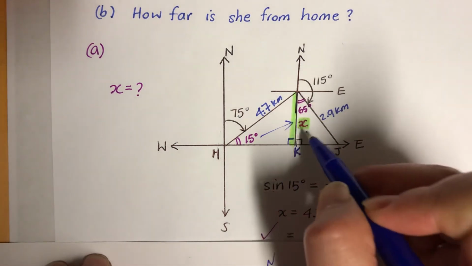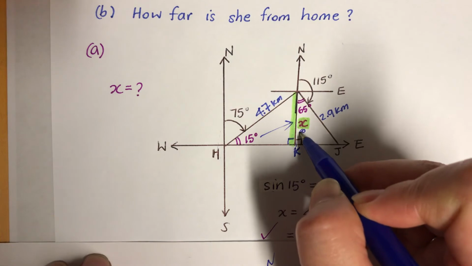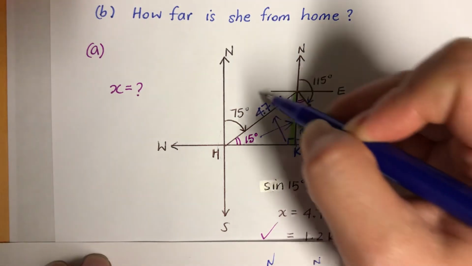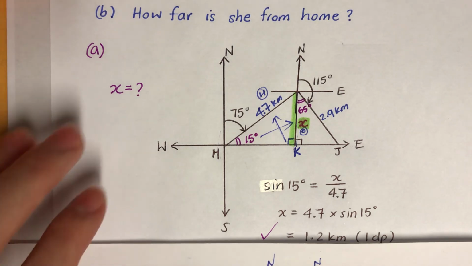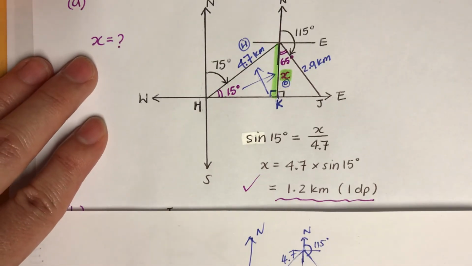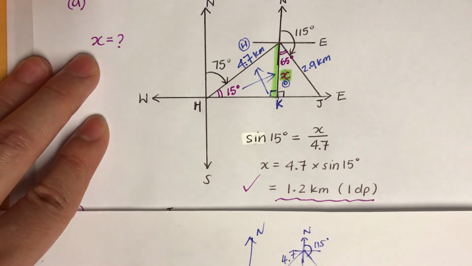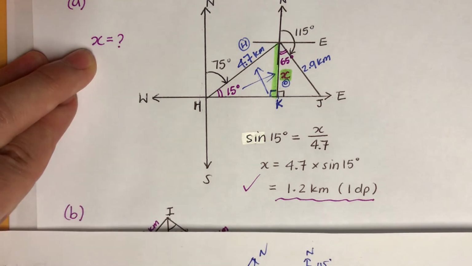That's my opposite, and that's my hypotenuse. So I'm using O and H. So it's SOHCAHTOA, so it's sine. So if I do that, I'll get 1.2 kilometers for x. Okay, that's not too bad.